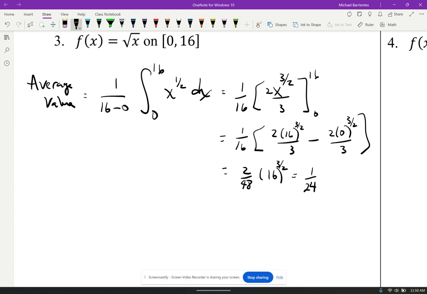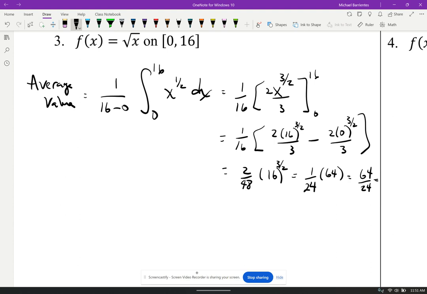Oh, maybe I shouldn't reduce it. Oh, well. Square root of 16 is 4, and then 4 to the third power is 4 times 4 times 4, and I believe that's 64. And so therefore, my final answer is 64/24.